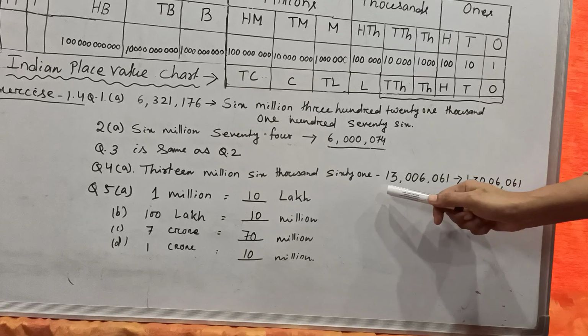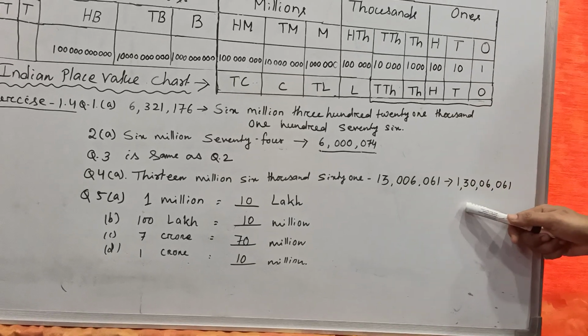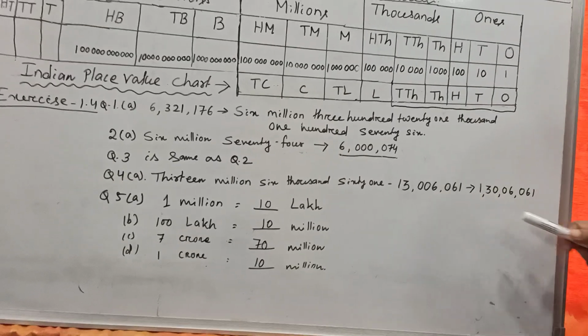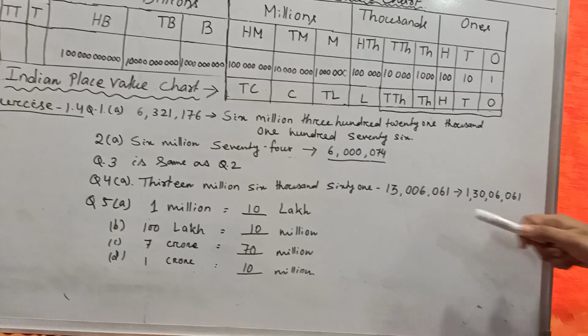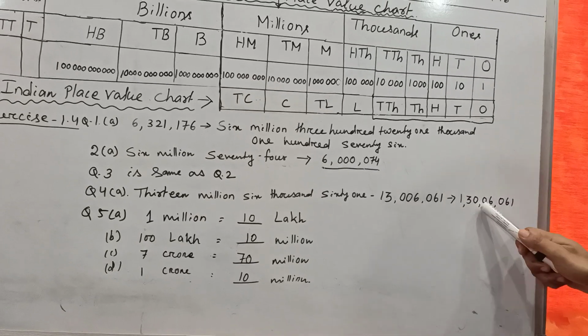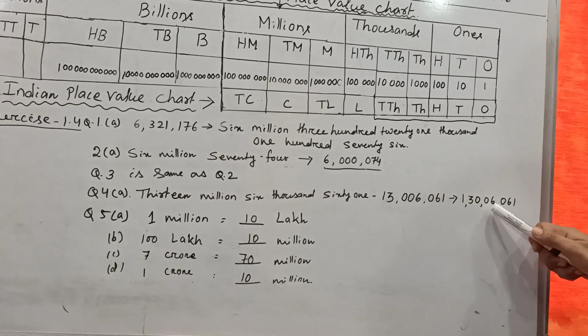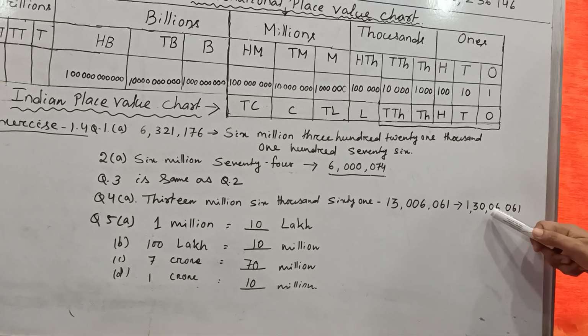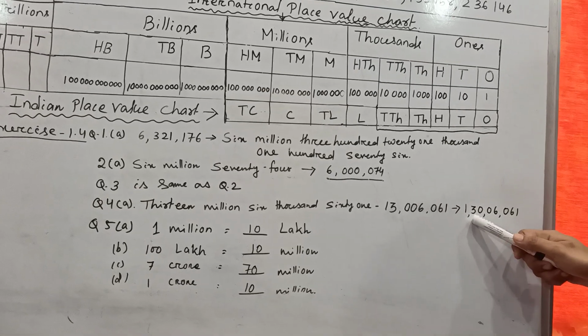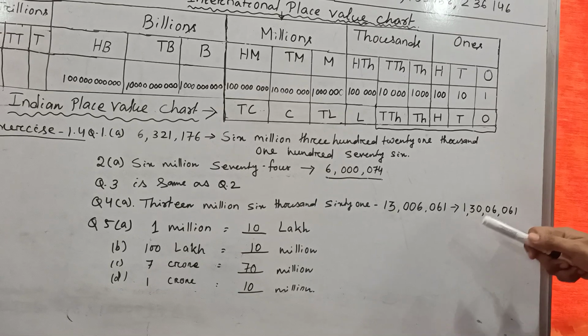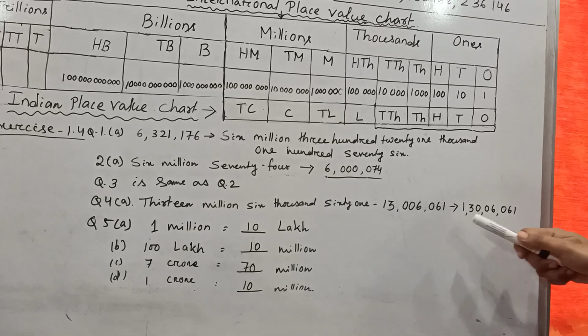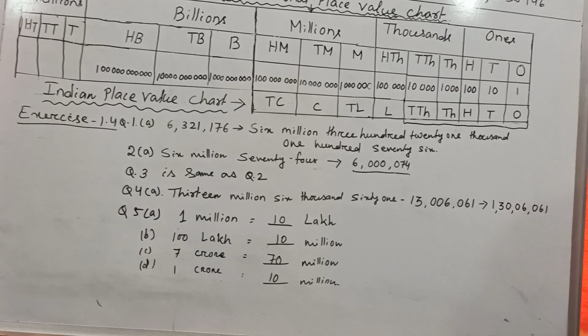You have to write the same number in the Indian place value system. So how to write? The last 3 digits are the same, 061. Here you put 1 comma after 2 digits. So this is the thousand place, 6,000. Then this is the lakh place, 30 lakh, 1 crore. 1 crore, 30 lakh, 6,061.